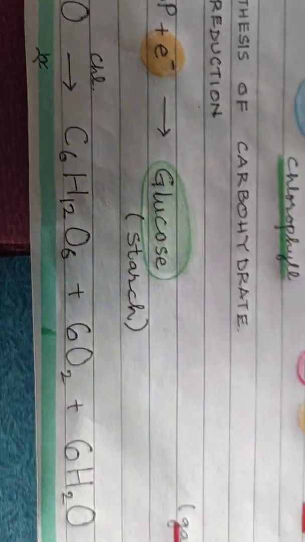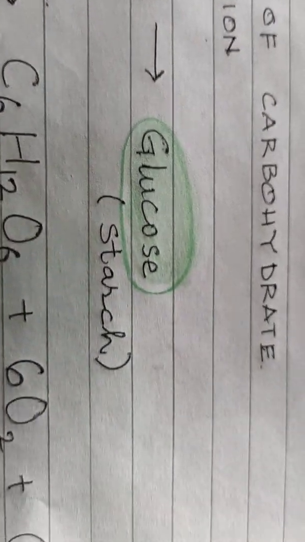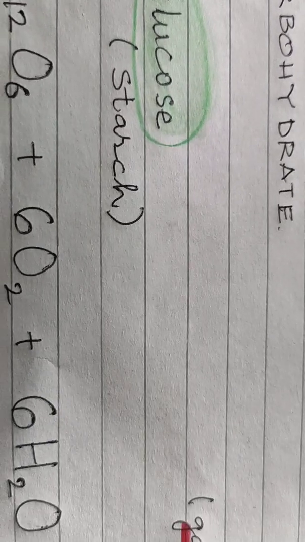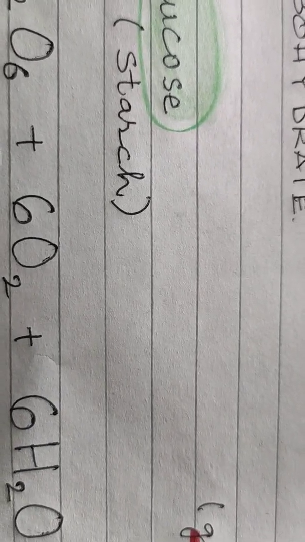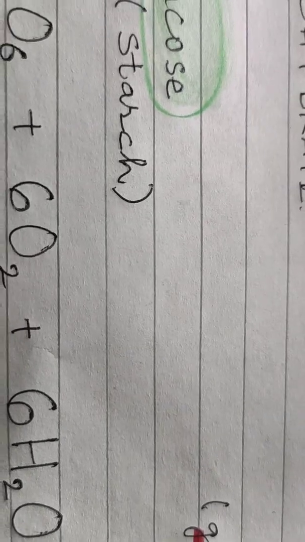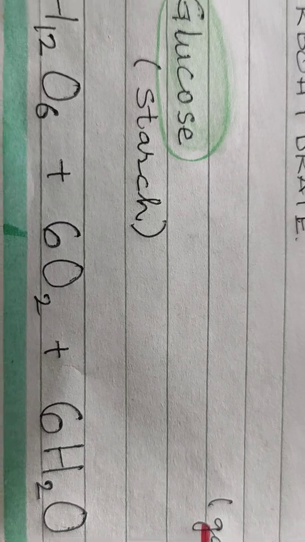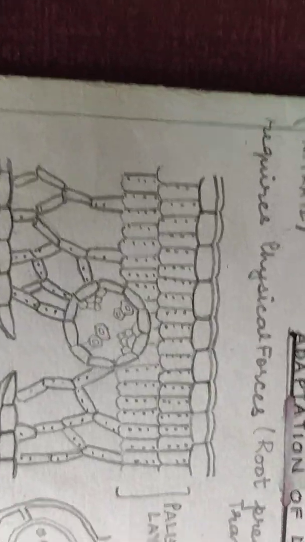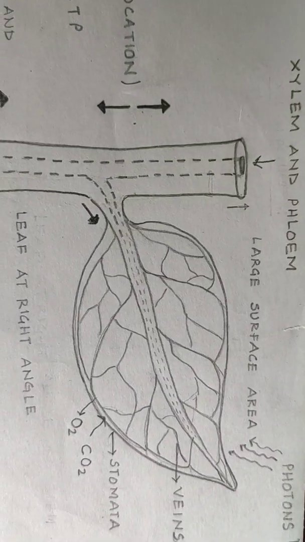So this is the reason we say that the plants are very important, that they provide us with food, they provide us with oxygen, and they help to make the environment cool. So this water is not the water taken up as such, but this is the vapor form which is lost when the plant is taking up the water from the roots for the photosynthesis.